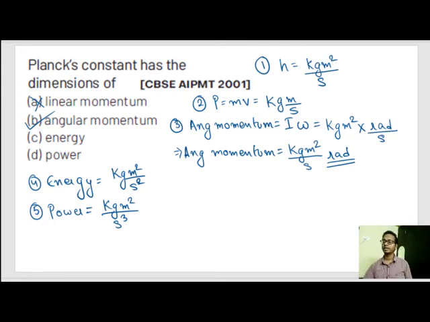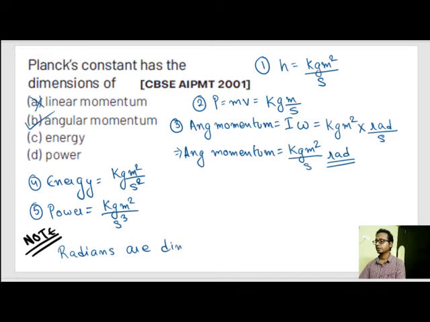So make a note again that radians are dimensionless. Make these notes.